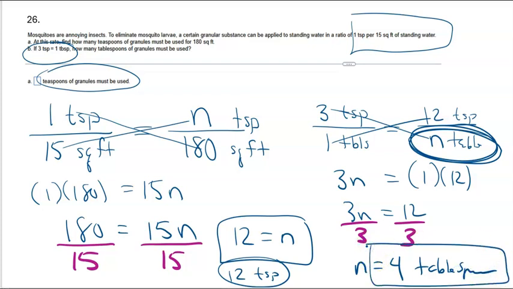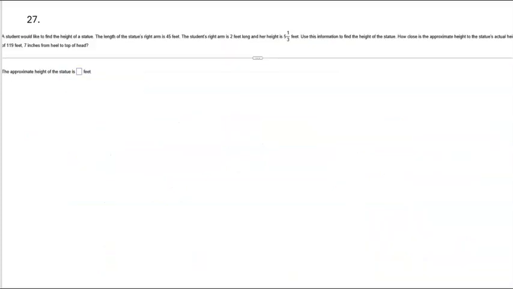How's that? So just 2 problems remaining. Another one really hard to read here because it almost slid off the screen. So a student would like to find the height of a statue. It says the length of the statue's right arm is 45 feet. The student's right arm is 2 feet long, and her height is 5 1/3 feet.